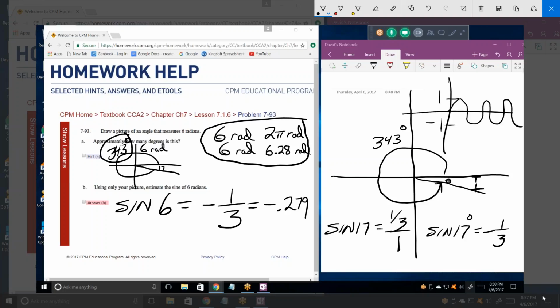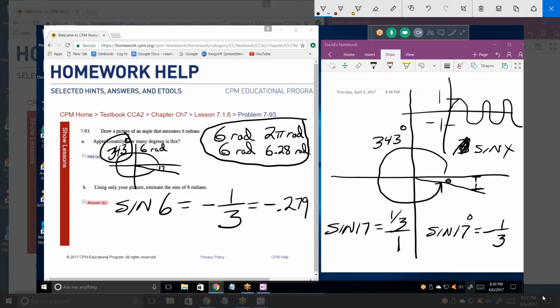Now, if I put a number in front of it, like 3 sine of x, then that can go up to 3 and down to minus 3. But if I'm talking just the sine of an angle, it can never be greater than 1, never less than minus 1. So I knew that the sine of 6 could not be 2.79.